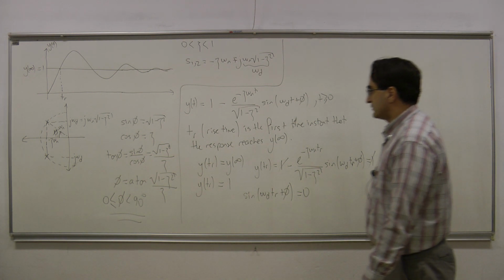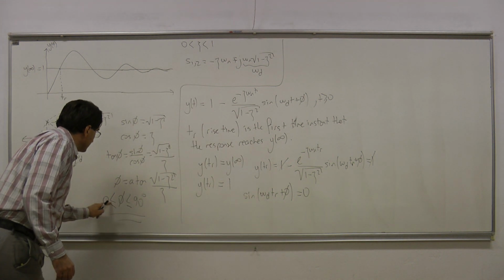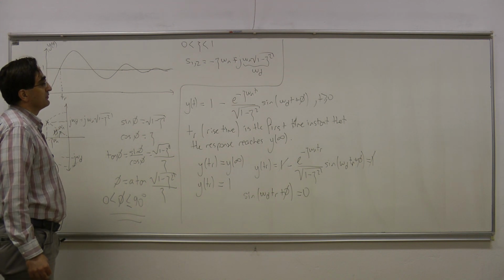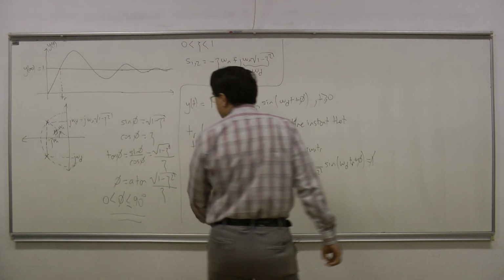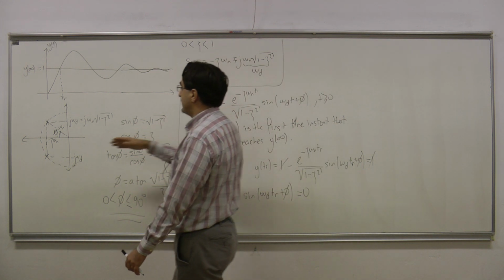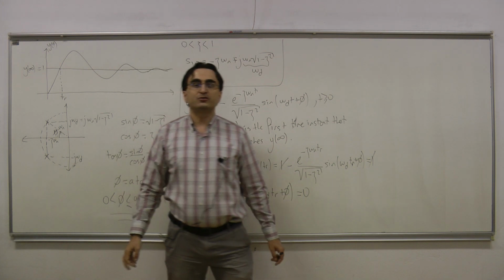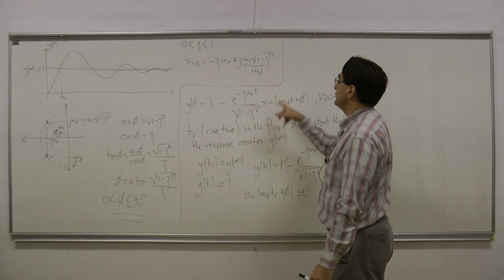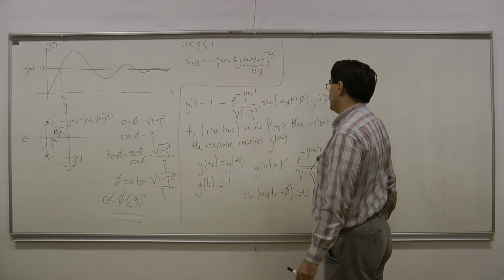I am not making sense here. So it is valid when phi is equal to 90 degrees, and it is not valid when phi is equal to 0. When phi is 90 degrees, this is my undamped response, and I can obtain it by substituting psi equals 0 here.